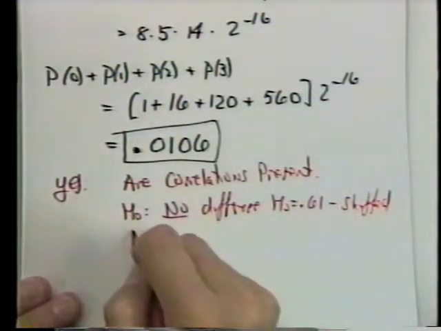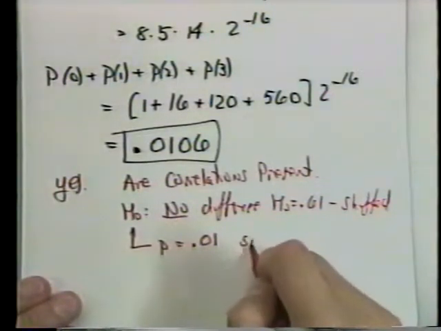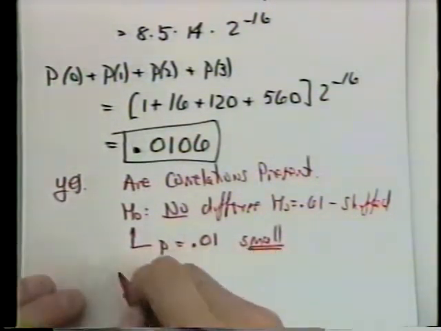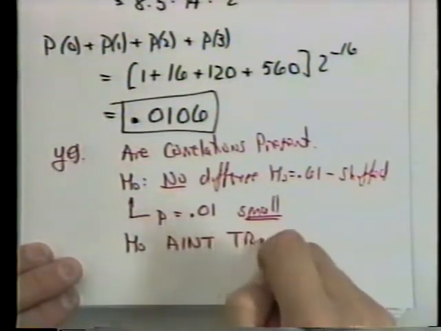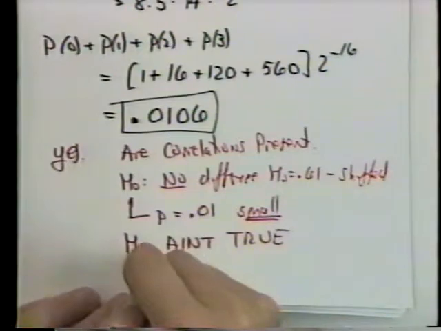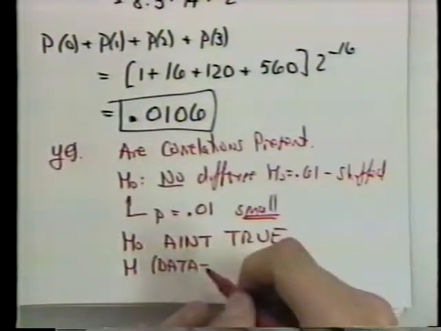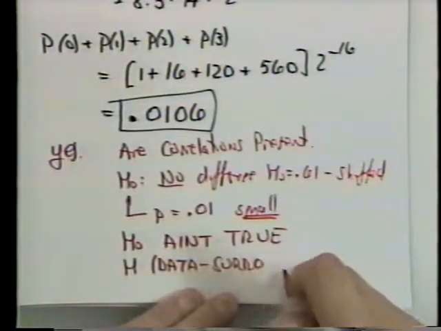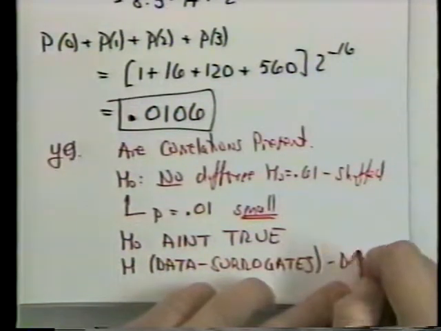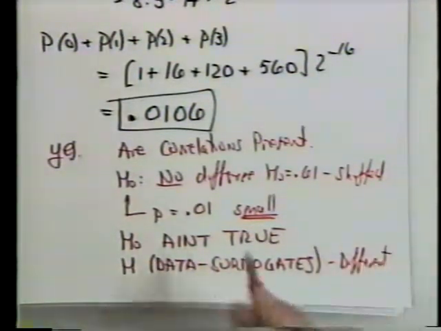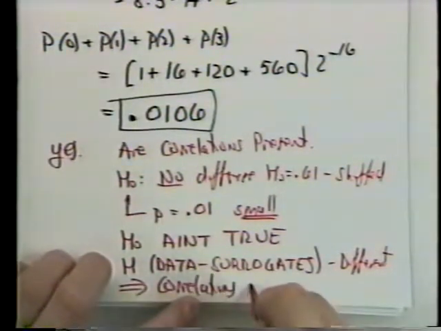And we found the probability of h0 being true is 0.01, so that's small. And so therefore h0 is not true. And therefore the h between the data and the shuffle data, which is usually referred to as surrogates, are different, and therefore the correlations are present.